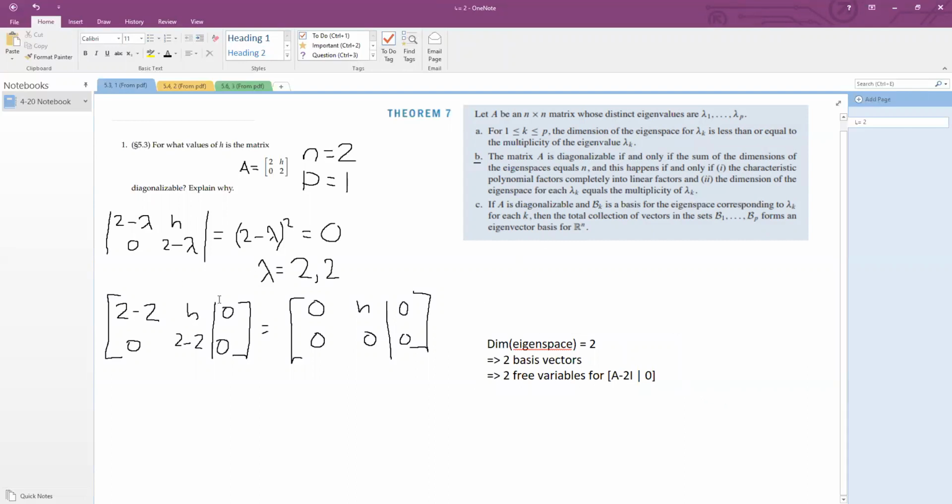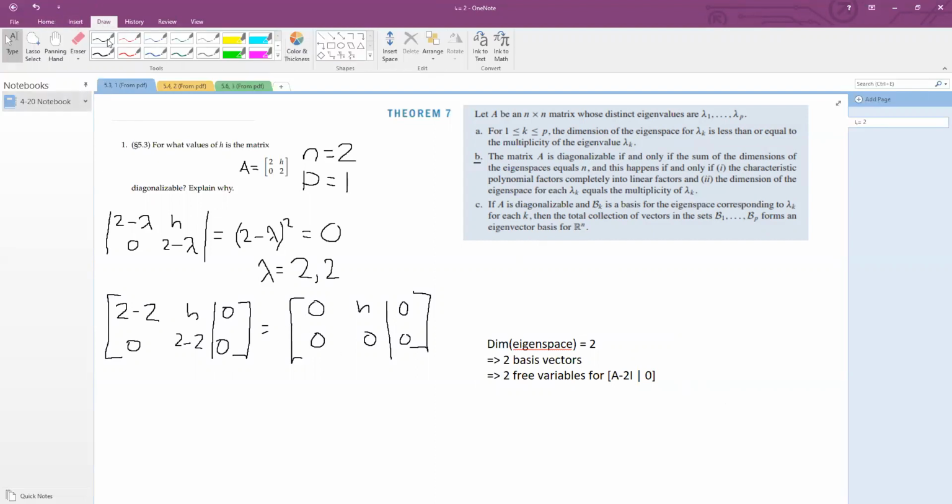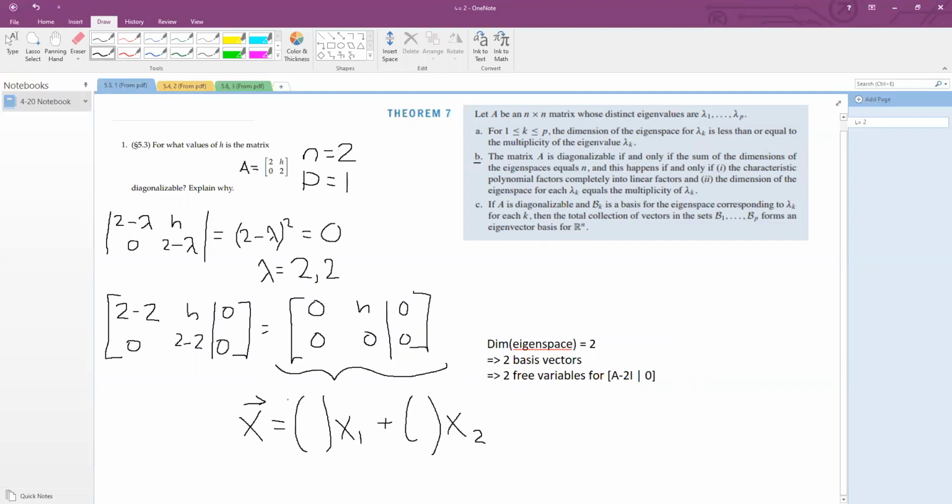It's A minus 2I augmented with 0. So if we can set this up in such a way that we get 2 free variables, what would that look like? That would look like we'd have a solution with x equals some vector x1 plus some vector x2. So the solution would be this.